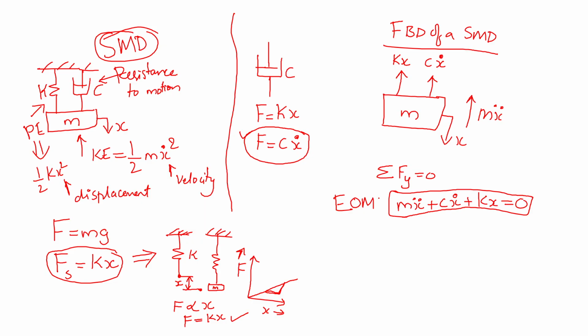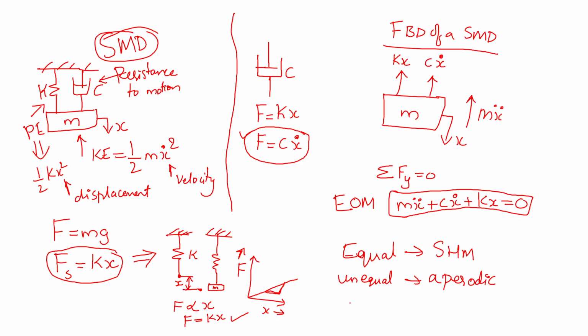If it repeats after equal interval of time, that is called simple harmonic motion. If there is unequal time, that is called aperiodic motion.